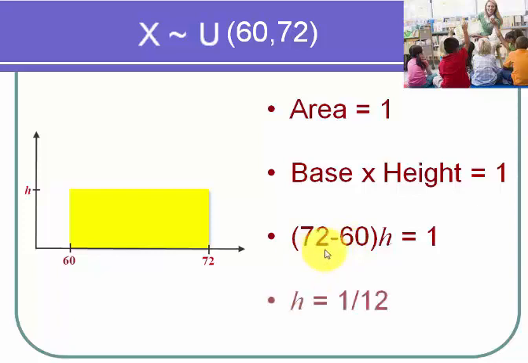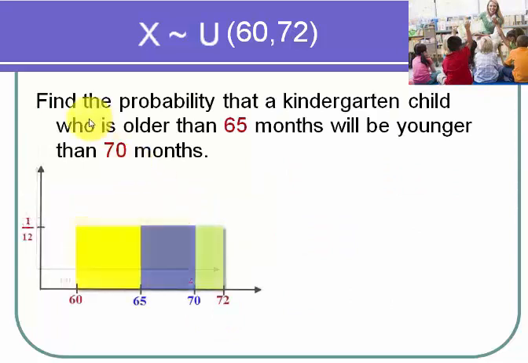So I'm going to divide left and right by 12, and I get h equals 1/12. So there's my height. This h is 1/12. So now I can continue on and try to figure out this probability. Remember, we wanted to find out what is the probability that a kindergarten child who is older than 65 months will be younger than 70 months.